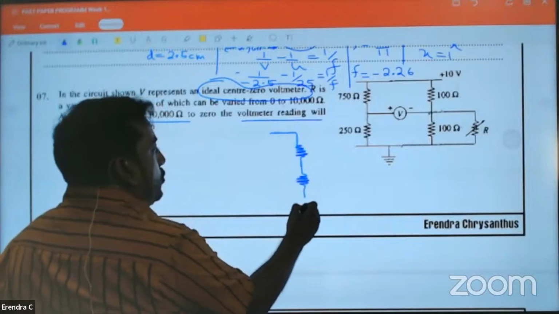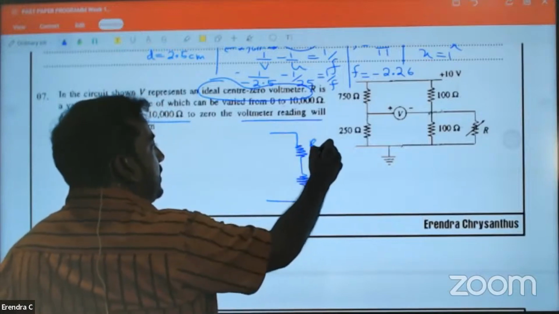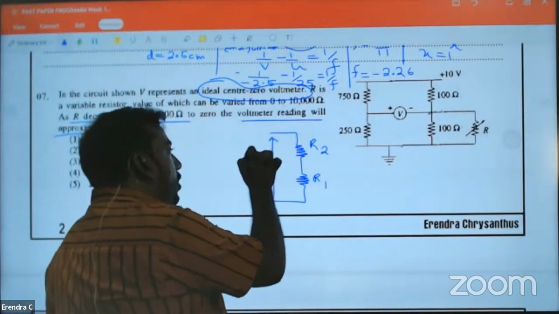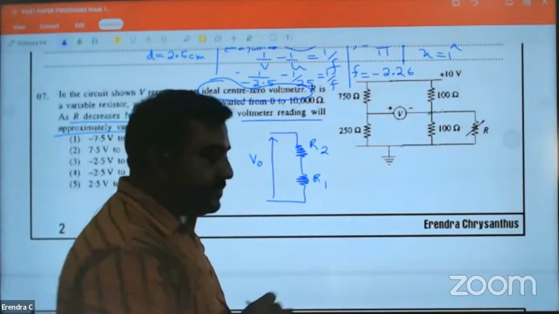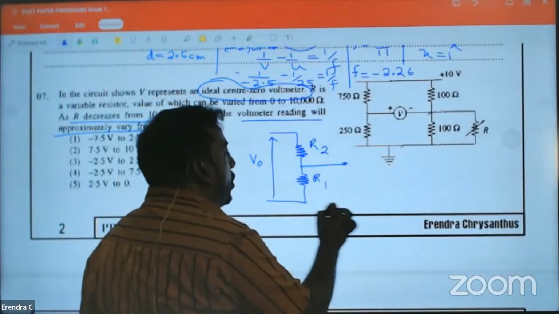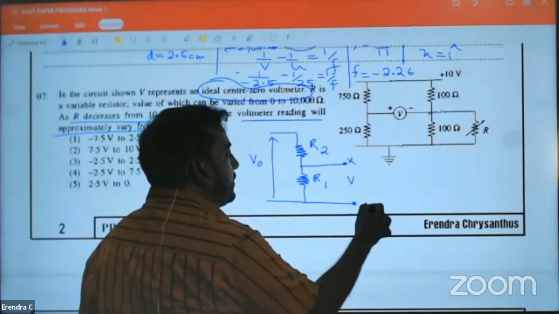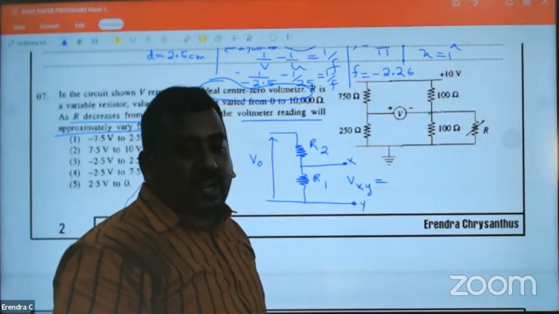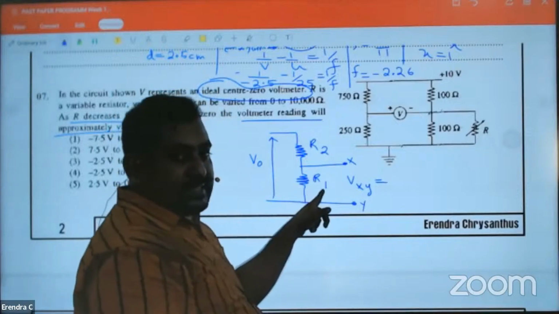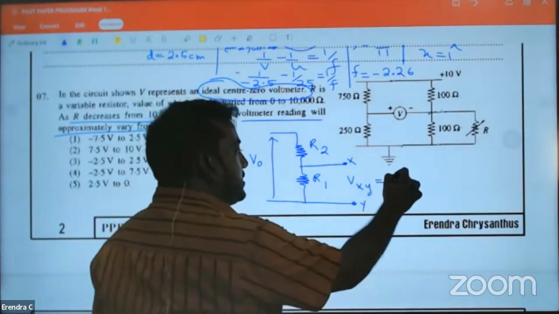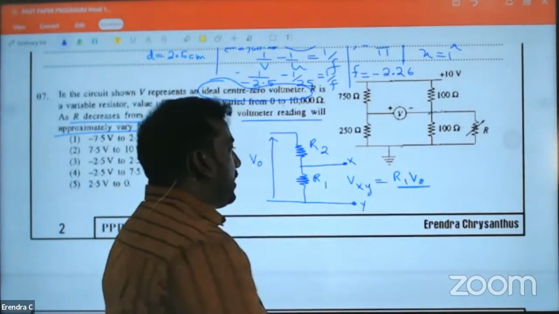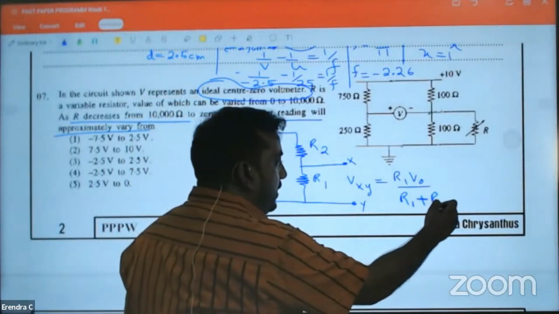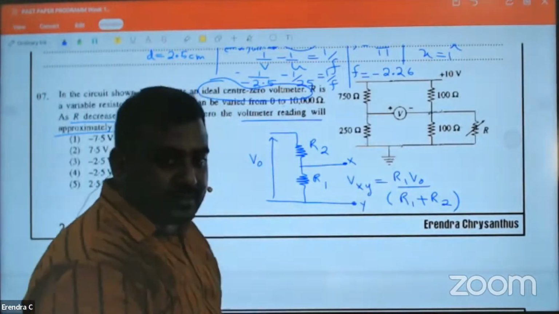If there are two resistors like this, and the voltage here is V0, I taught you all a small shortcut to find the voltage here. What's the shortcut? Resistance into total voltage, divided by the addition. You remember this, no?